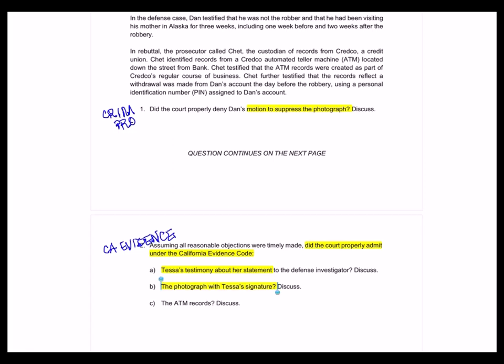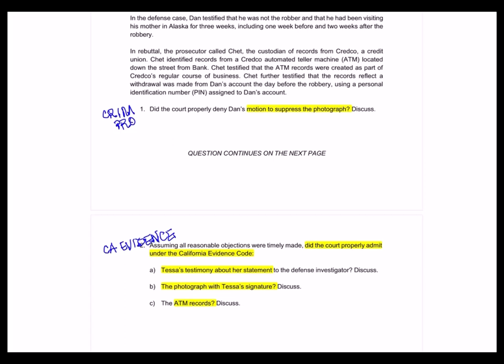Okay, the B call is the photograph with Tessa's signature, and the C call is about ATM records. It sounds like both of those involve documents, maybe the secondary evidence rule. We'll have to look at the hypothetical to figure that out.